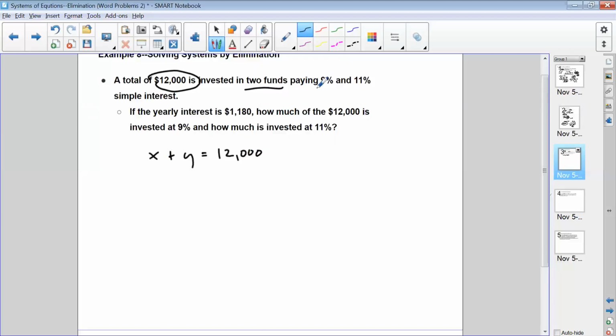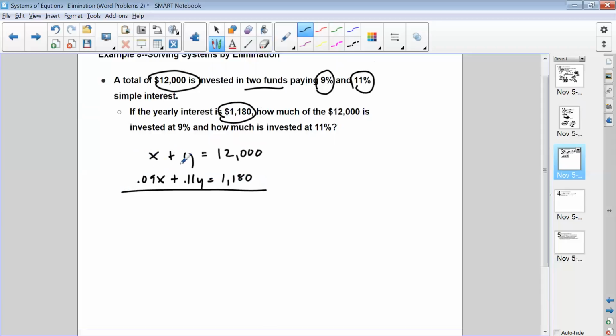And I know I've got one fund that's going to pay out interest of 9%, and the other 11%, Y, and I have an interest payout of $1,180.